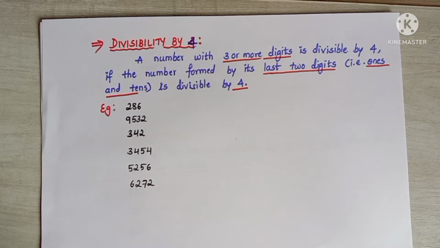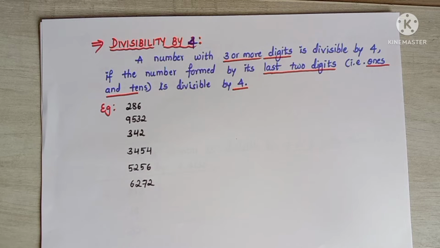A number with 3 or more digits is divisible by 4 if the number formed by its last 2 digits, that is ones and tens place, is divisible by 4. If a 3-digit number is given, we have to see whether it is divisible by 2, divisible by 3 or divisible by 4.